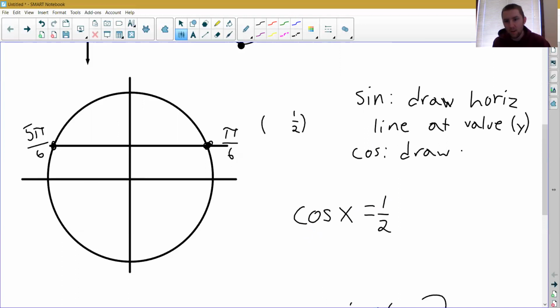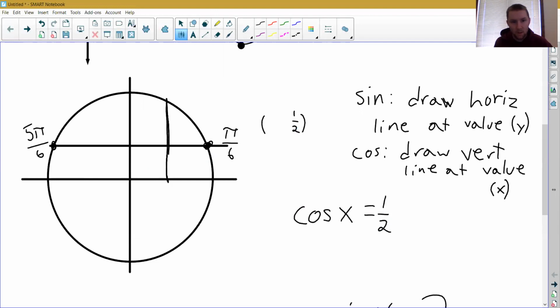We just draw a vertical line at the value, but this time we do it in the x. Because remember, the cosine is the x coordinate on our unit circle. So if I want to know where the cosine is equal to a half, I basically go out to a half on my unit circle and I just draw a vertical line.